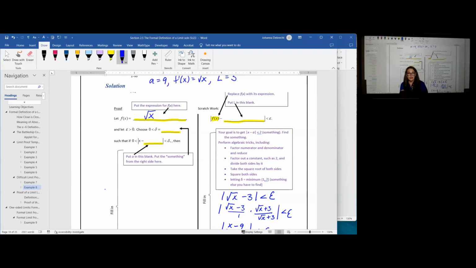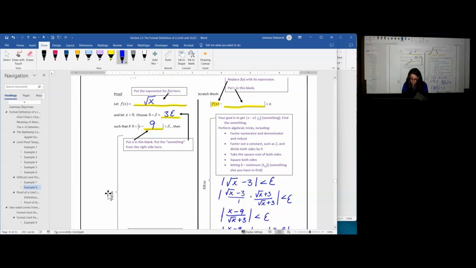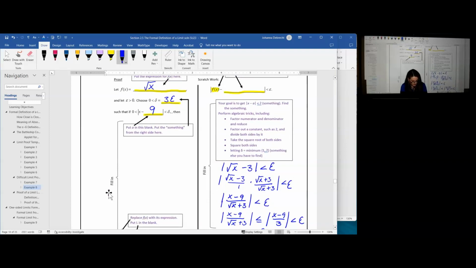Choose 0 less than delta equal to 3 epsilon, such that if 0 is less than the magnitude of x minus 9 less than delta, that's my a value, then, and we start again at the bottom, x minus 9 in absolute values less than 3 epsilon, which means that x minus 9 divided by 3 is less than epsilon.